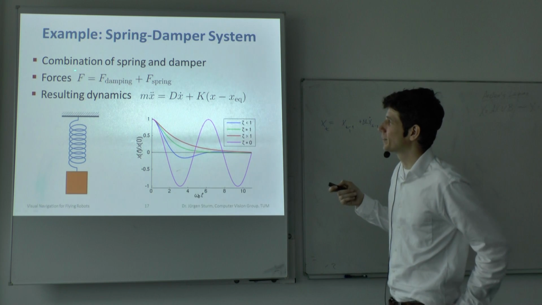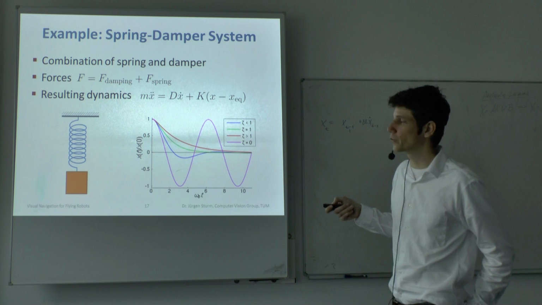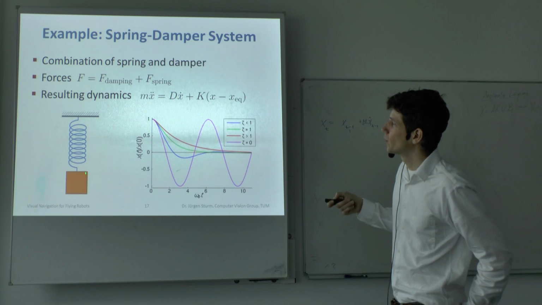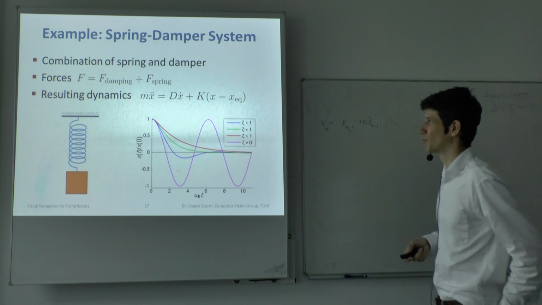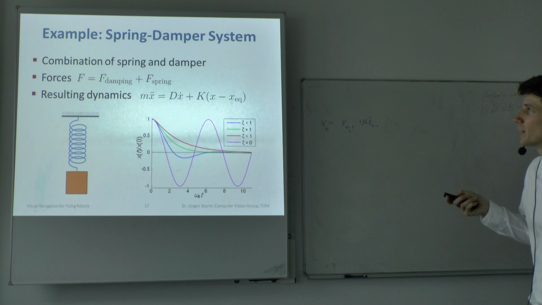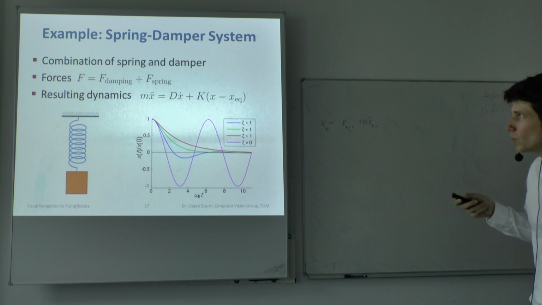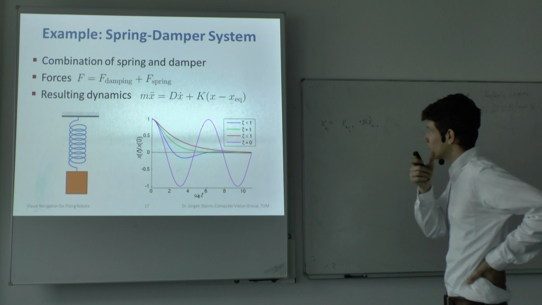And this means that the overall force that is applied, so you have a rigid body here with a certain mass, and it's attached via a spring to the rigid world, the world. And the total force that's then applied to this mass consists of the damping force and the spring force.